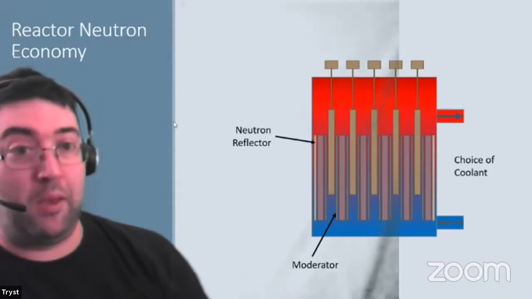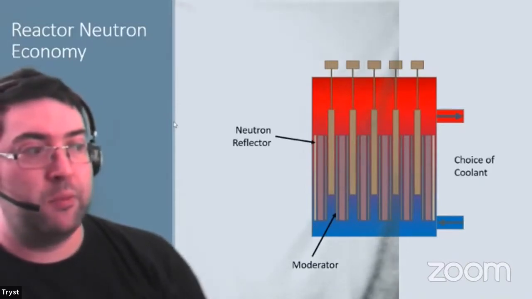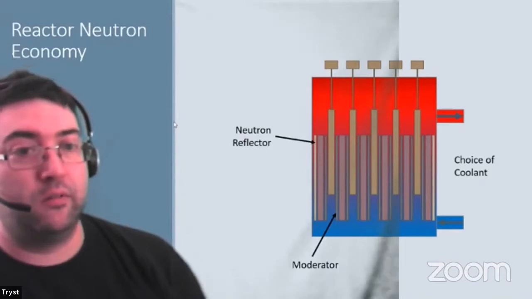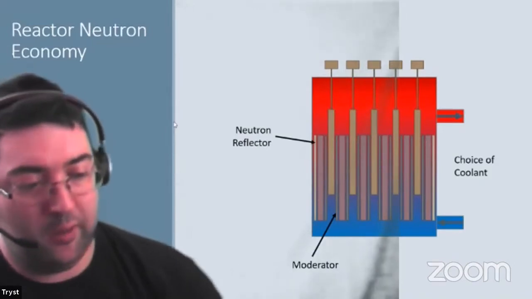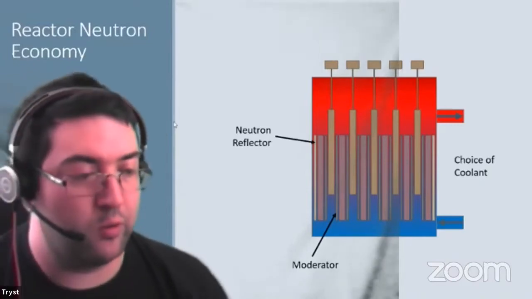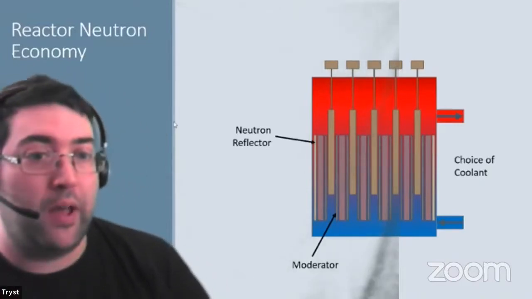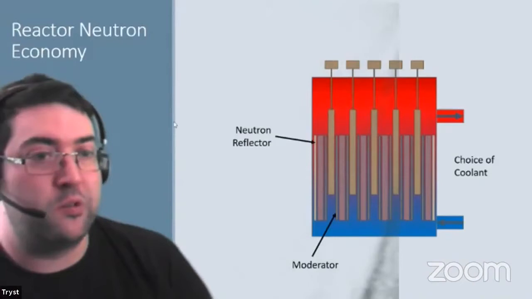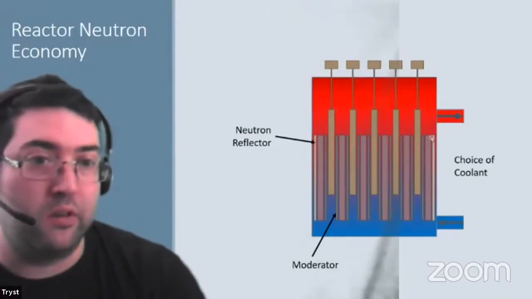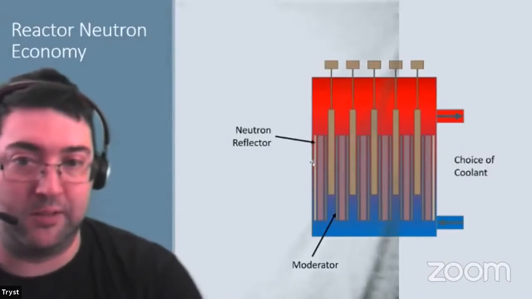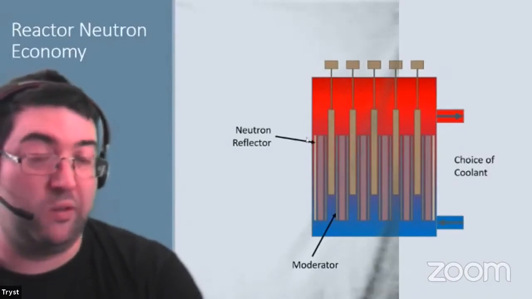A lot of them will escape. Some of them will be used to continue the nuclear chain reaction. You can improve your odds of a neutron causing a fission event by having a moderator, and you can reduce the amount of neutrons that escape using a neutron reflector. Beryllium's quite a common one.